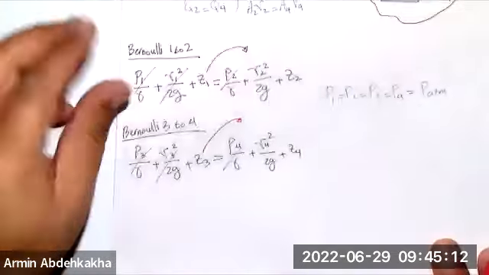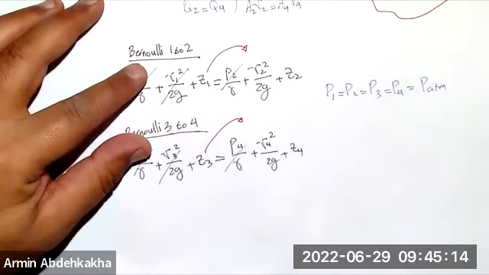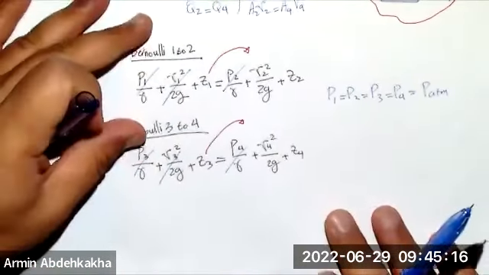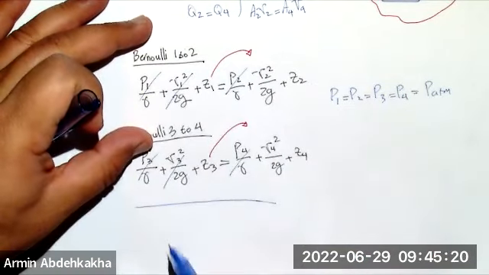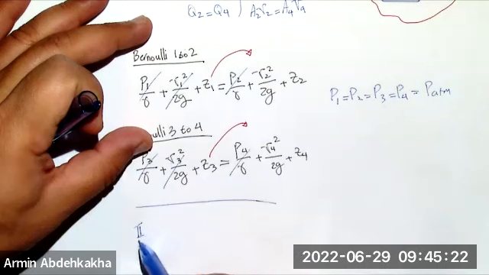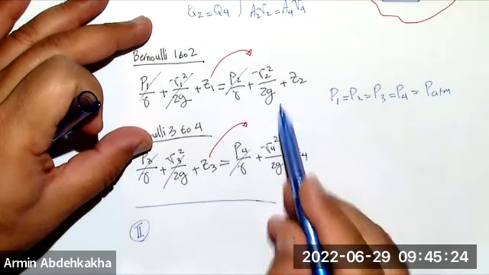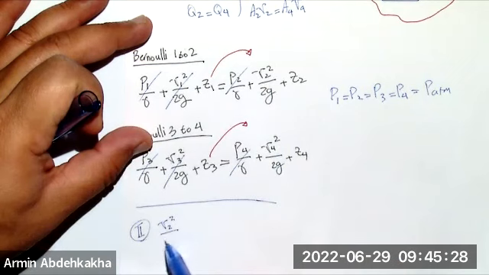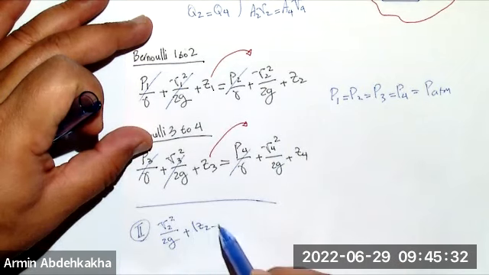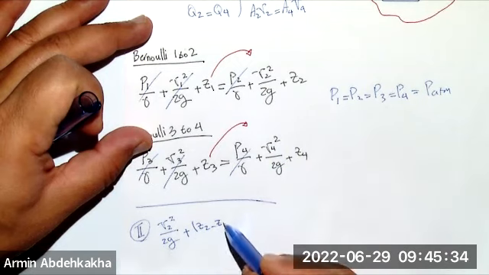So if I rewrite these equations, I have equation 2, which is here V2 squared over 2G plus Z2 minus Z1, okay, equal to 0.